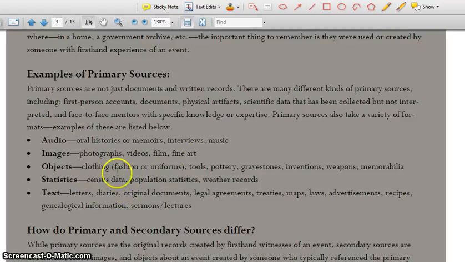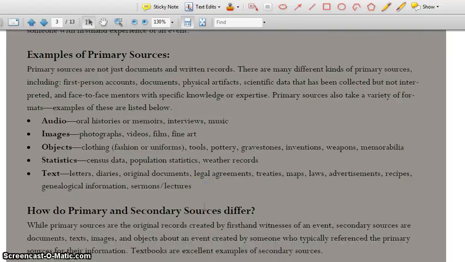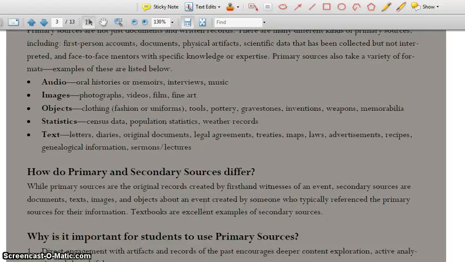They can be objects like clothes, tools, gravestones, inventions, weapons, census data, weather records, and text like letters, diaries, original documents, maps, laws, recipes. Okay, so there's a lot of different examples there.